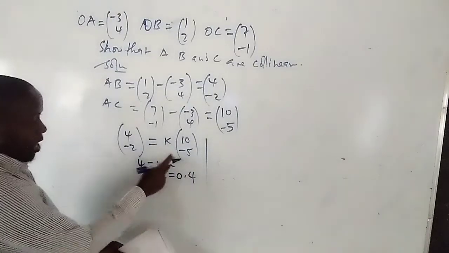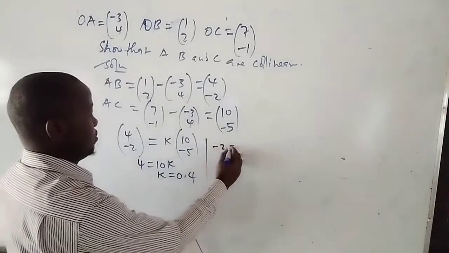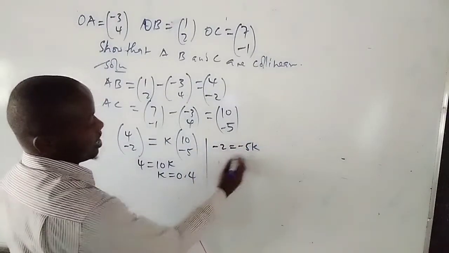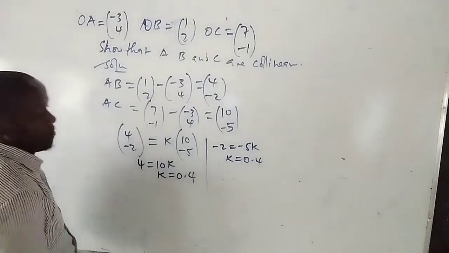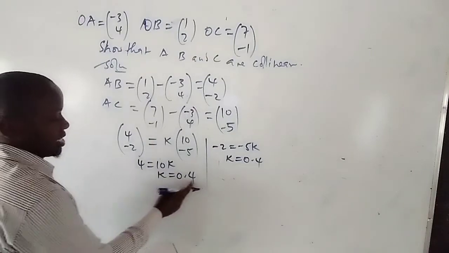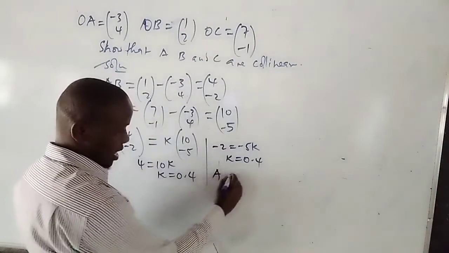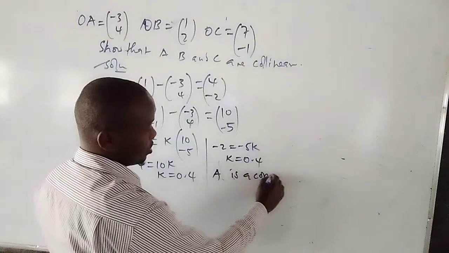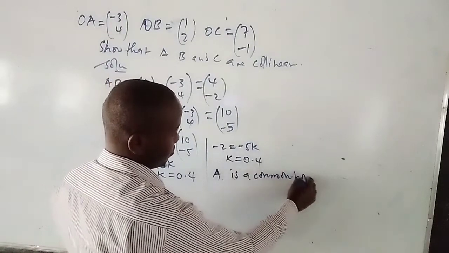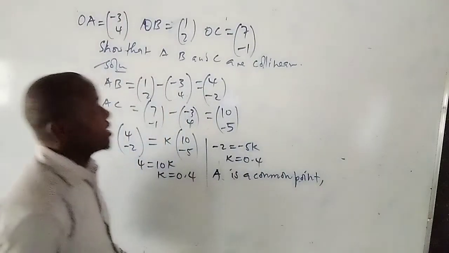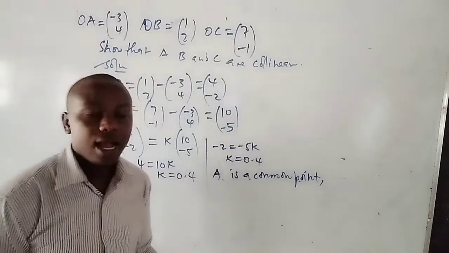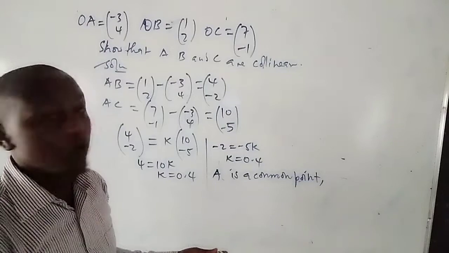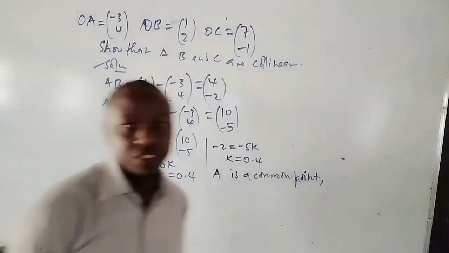And when you compare the y components, negative 2 is equal to negative 5k, dividing through by negative 5, k is equal to 0.4. Therefore, because there is a scalar multiplier and A is a common point, A, B, and C are collinear points.